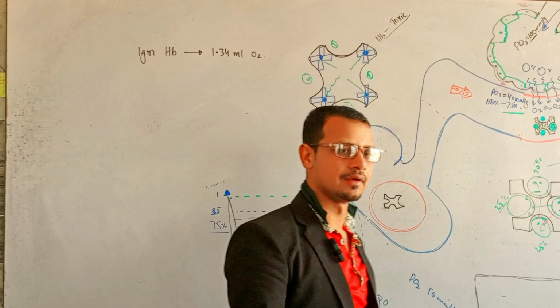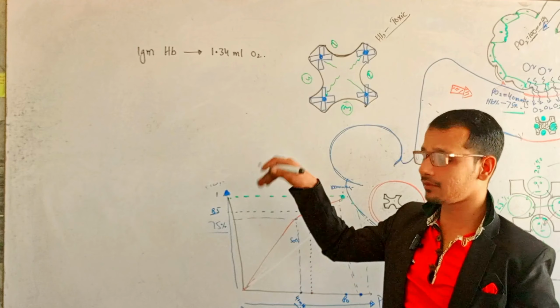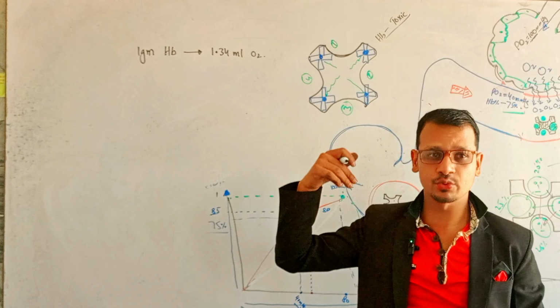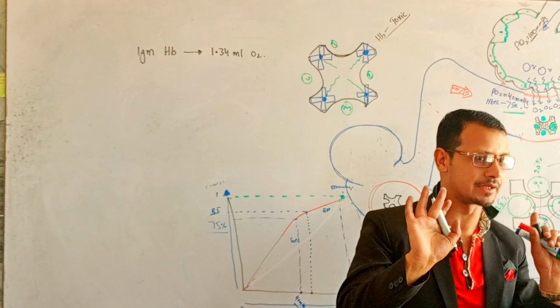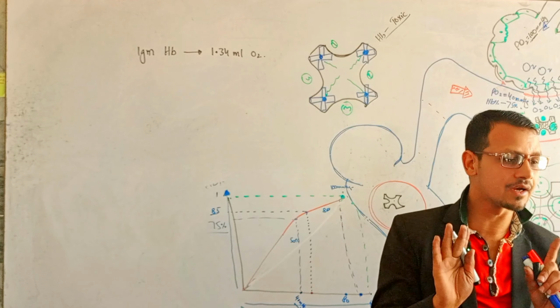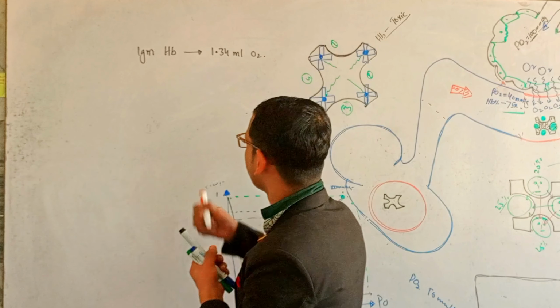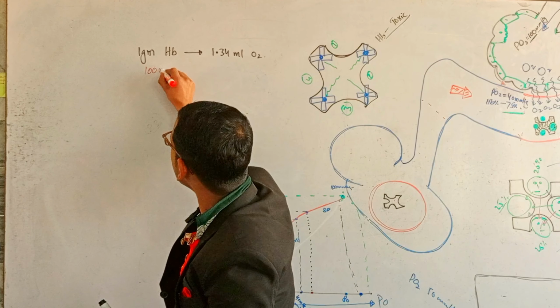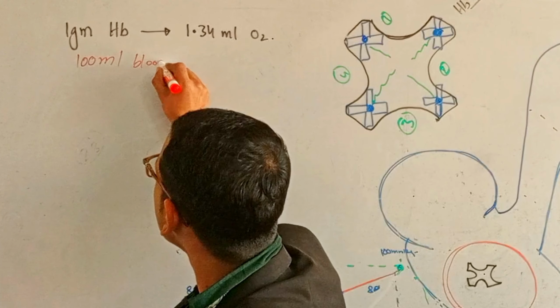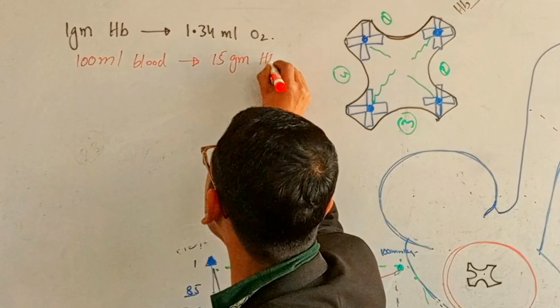Trust me, this is in the Guyton book, right? According to another research, if we take 100 ml of blood, there are 15 grams of hemoglobin.